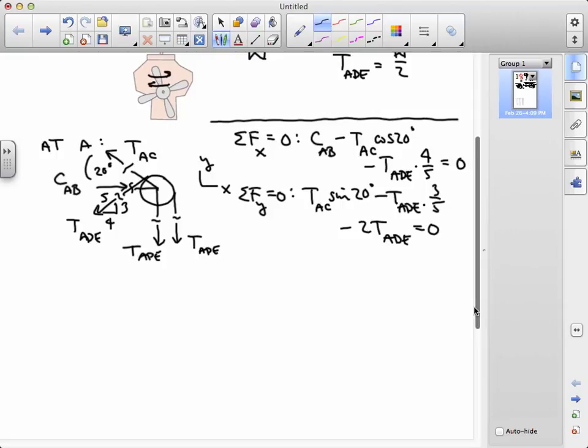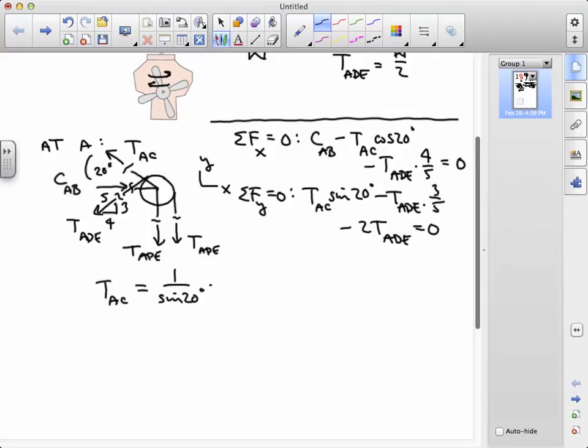Now, since we know that TADE is W over 2, we can solve immediately for the tension in AC in terms of W by rearranging the second equation as 1 over sine 20 degrees times the numerical value that precedes the 2 TADE components when they're added together.